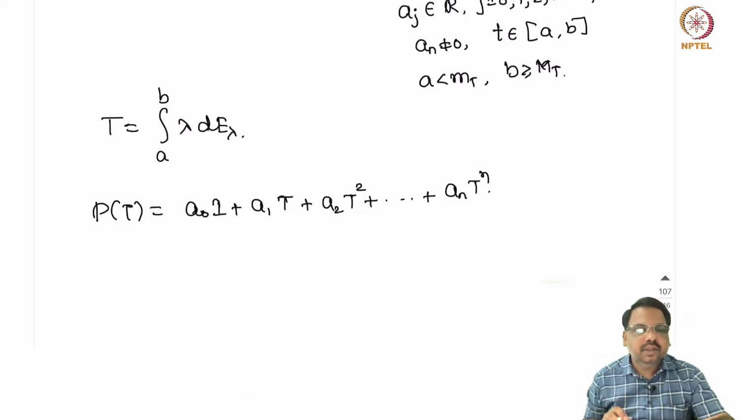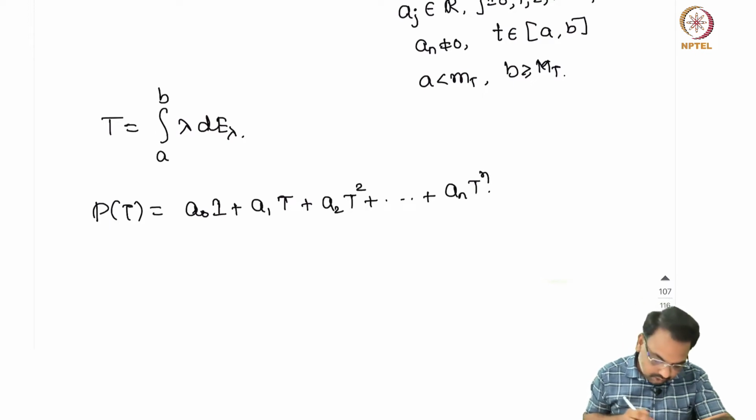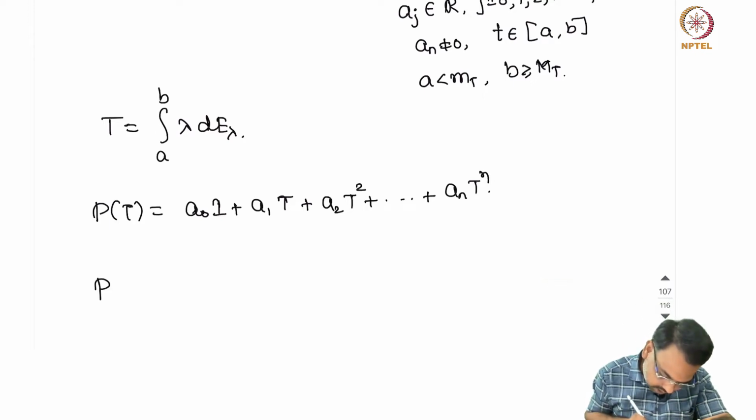Now using the representation of T and P of T, we can show that P of T can be written as the integral from a to b of P lambda dE lambda.